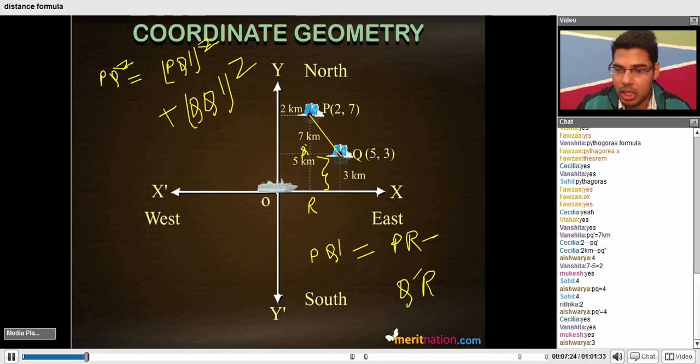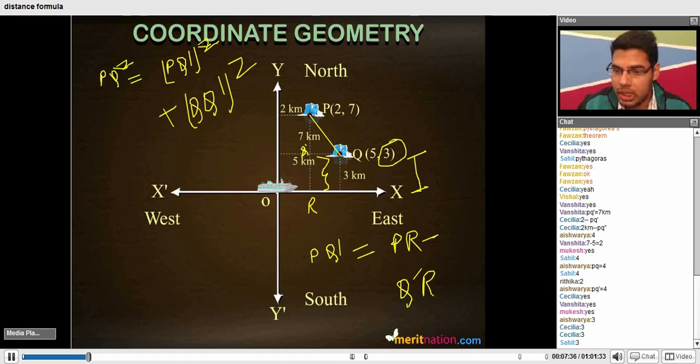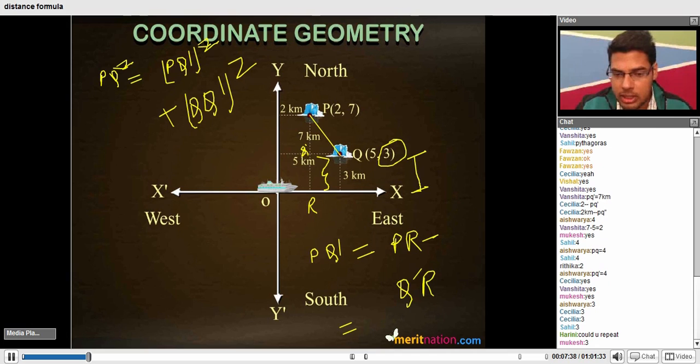Yes, Vanshita, Mukesh, Cecilia, it is 3. So all of you agree it is 3. Why? Because this point Q is 5, 3, so the distance of this point from the x-axis is 3. All of you agree? So can I say it is equal to 7 minus 3, which is equal to 4.